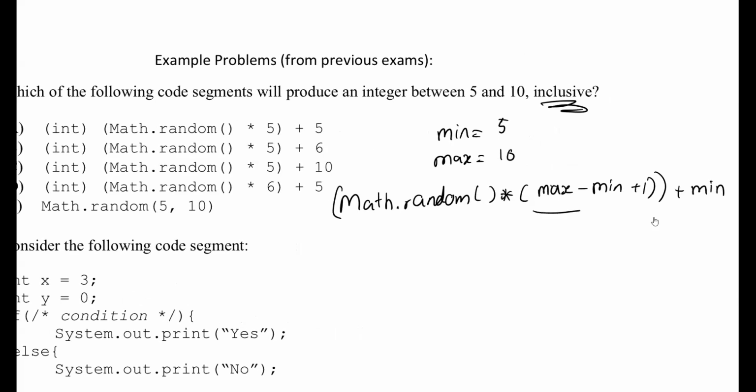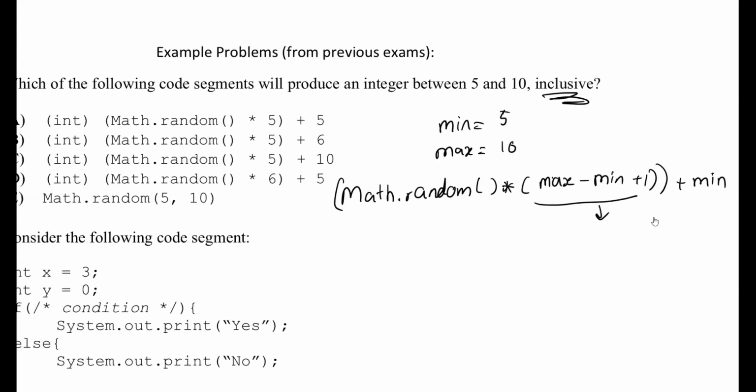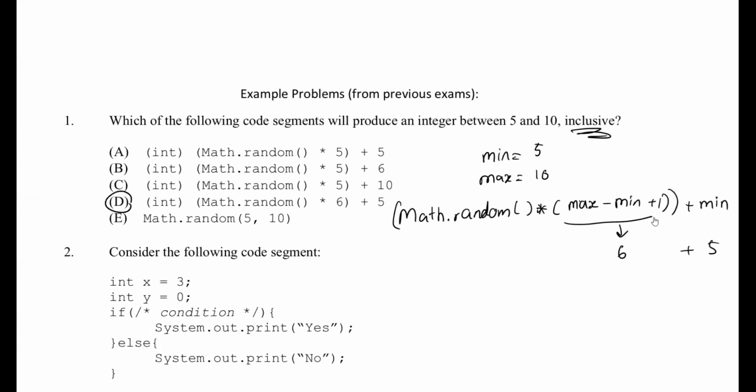Okay, so let's solve this part. Maximum minus minimum is 10 minus 5 plus 1, which is 6. Plus the minimum, which is 5. So the answer would be D. Okay, sounds good.